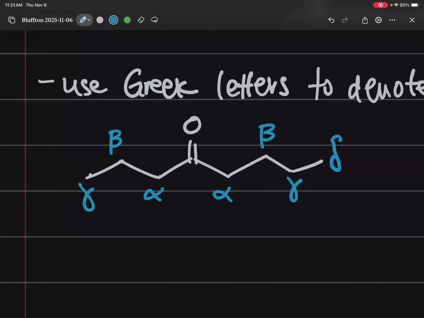The alpha carbons are directly next to the carbonyl. The beta carbons are next to the alpha carbon. And if you like, you can keep going, gamma and delta and such.